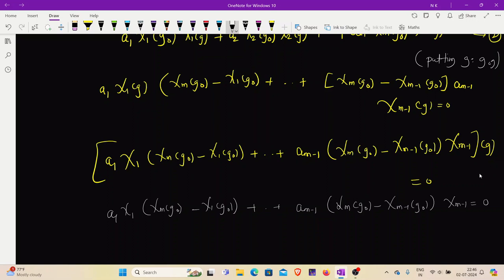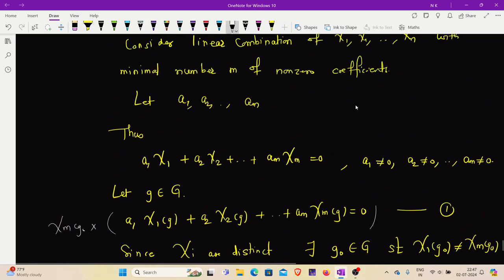So g is any random element of G, so this function is going to be 0, and this shows that the coefficients vanish. Here g naught is fixed, so chi m of g naught minus chi1 of g naught is a fixed number. So definitely this linear combination asserts that we have fewer non-zero coefficients than m, so this is a contradiction, and it proves that distinct characters must be linearly independent.